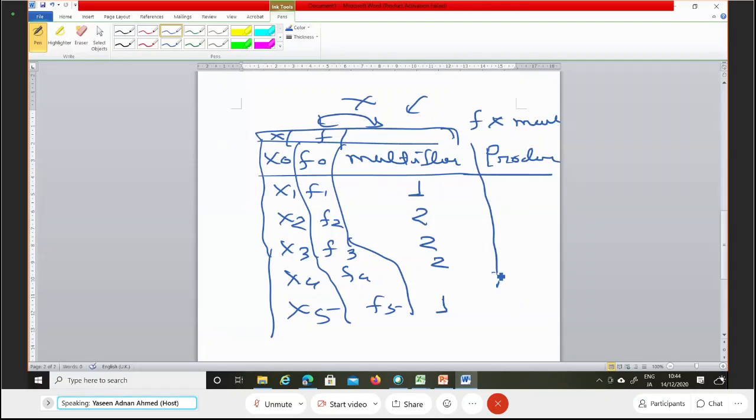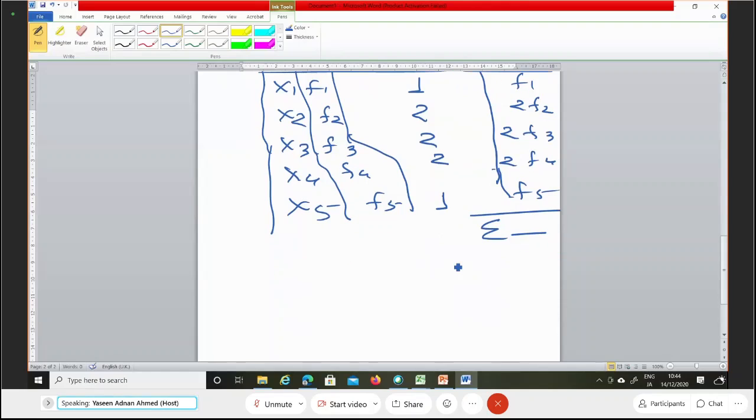After you multiply all the f with this multiplier, it means this one should be f0, 2f1, 2f2, 2f3, 2f4, and then we have f5. Then you do the summation of the product. So your area or integration will be half of h multiplied by the sum of the product.